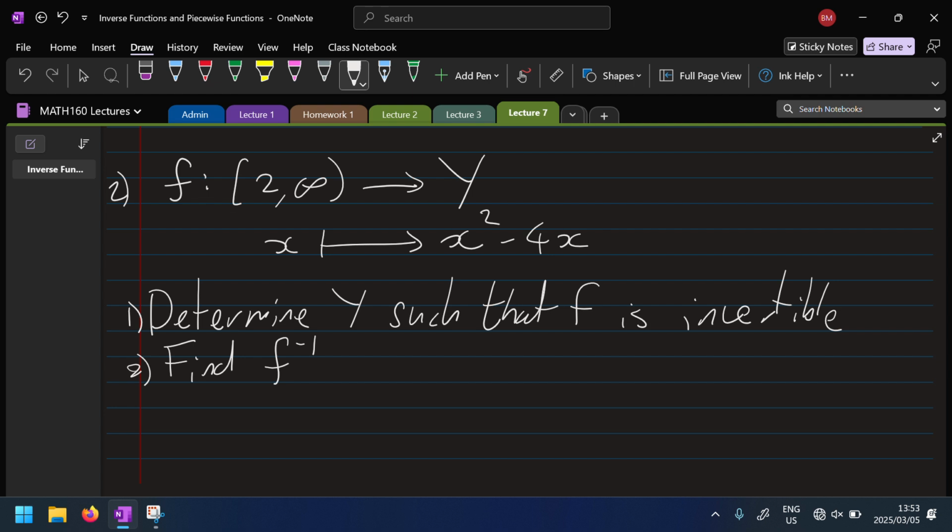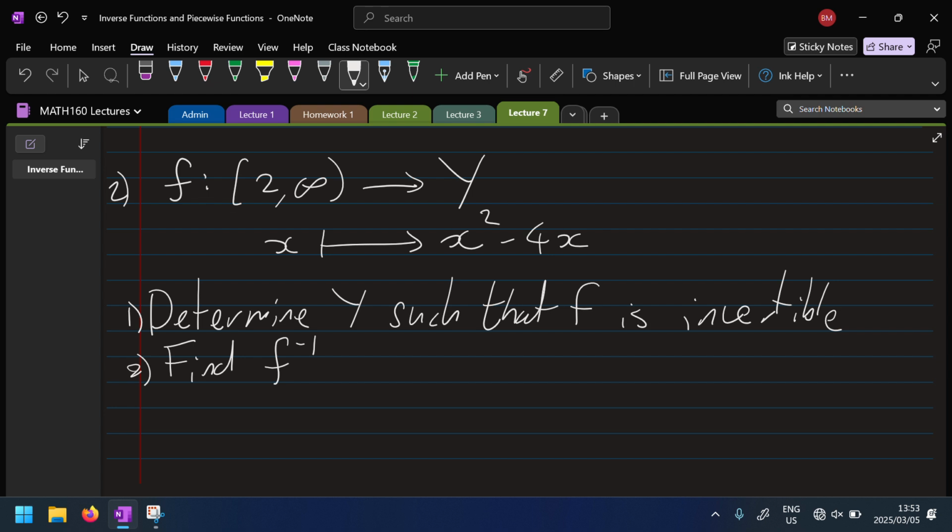very specific reason. Yeah. Okay, so we want to determine y. That's the target. Invertible requires it to be injective and surjective. Which one of those uses the target? Surjective. Okay. So we know that we want to determine the set y such that f is invertible. Invertible, injective plus surjective.